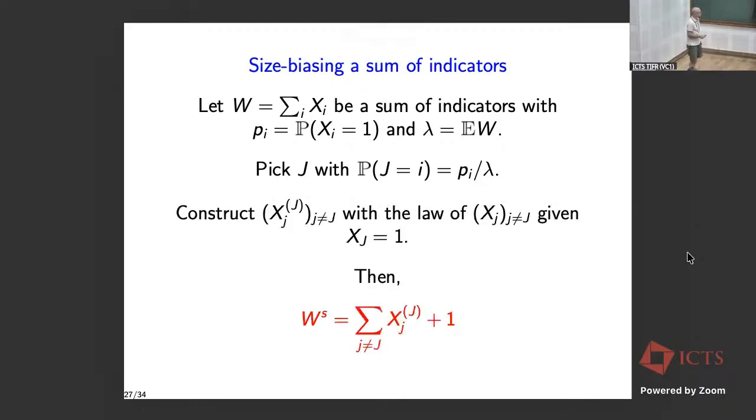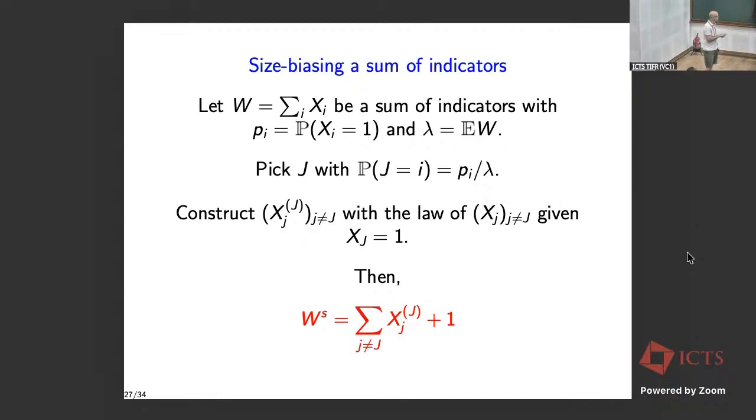Then what you essentially do is you size bias that indicator. That means you set it to 1. And then you have to adjust the other indicators to have the conditional distribution given that the one you picked is 1. So you have to adjust the rest. So you construct a new family of random variables, excluding the one you've picked, and that has to have the law of the original ones, given now the one you've picked is 1.